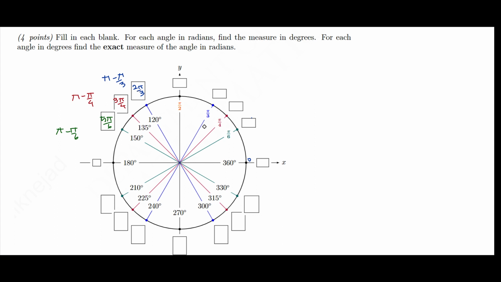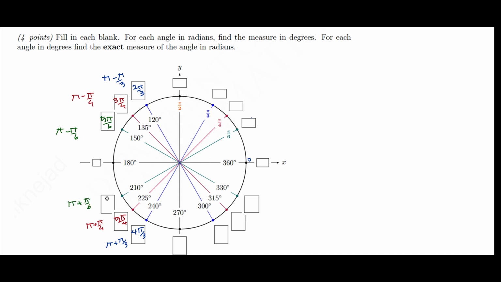That said, over there, I can see that there are symmetries also, and I get, for example, for pi third, pi plus pi third, which is 4 pi third. And for pi fourth, I get pi plus pi fourth. That's 5 pi fourth. And over here for pi sixth, I get pi plus pi sixth.